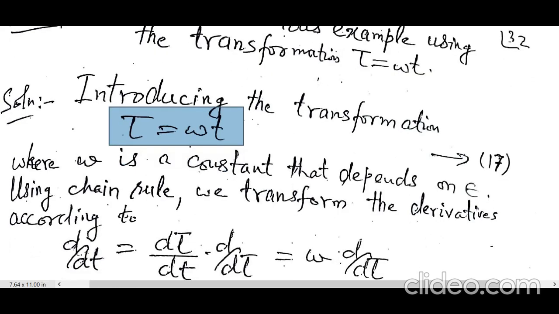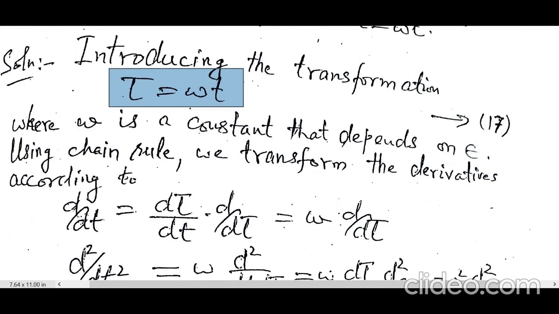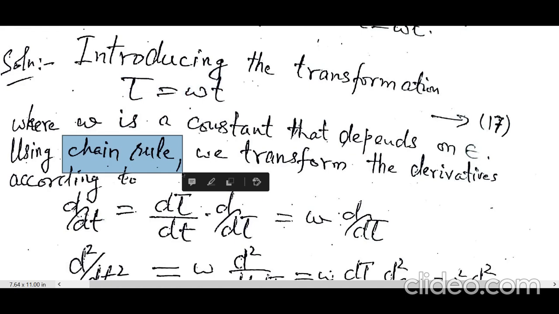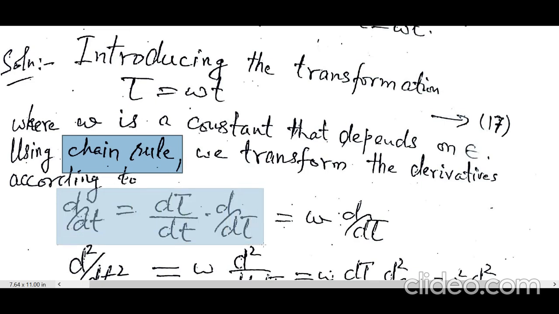The first step, you know, is that we have to use the chain rule in order to transform our original derivatives from t to tau. Therefore, using the chain rule, you know d by dt can be written as d tau by dt into d by d tau.